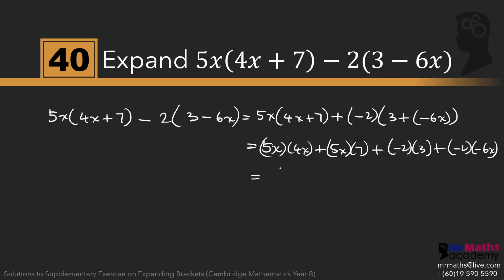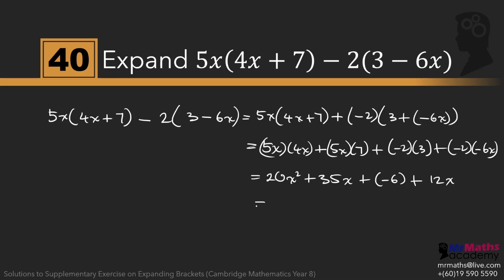So 5x times 4x becomes 20x squared. And then 5x times 7 becomes 35x. Plus minus 2 times 3, minus 6, plus minus 2 times minus 6x becomes positive 12x.